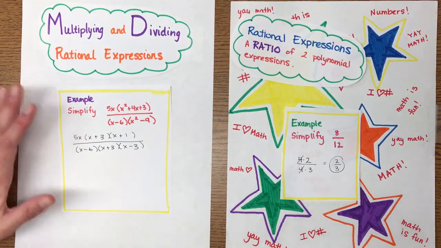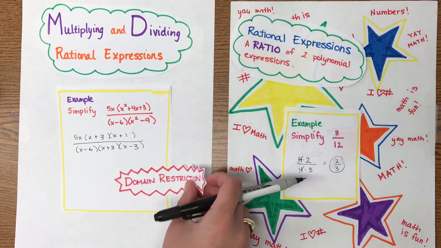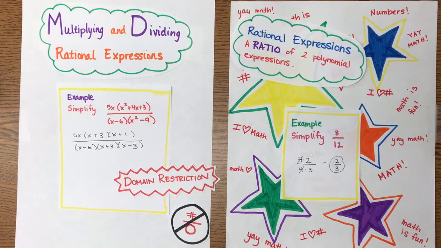Before I go ahead and finish this problem, I need to think about domain restrictions. We have a really important piece of math that says that I cannot divide a number by 0. Division by 0 is an illegal operation. So my domain restrictions are going to be any values that make my denominator equal to 0.